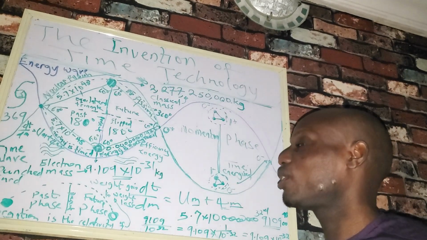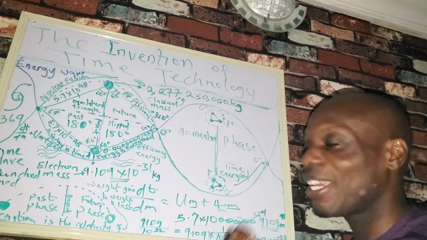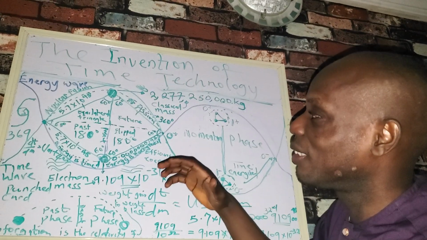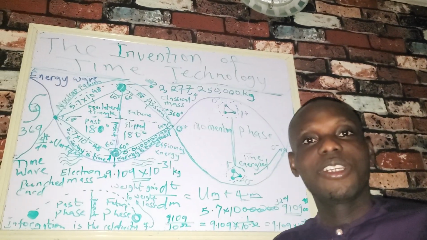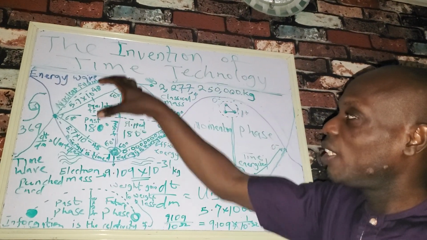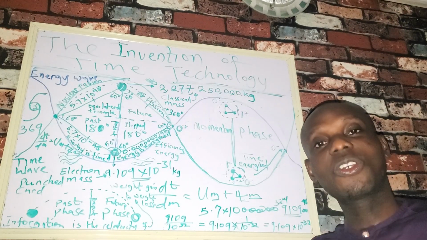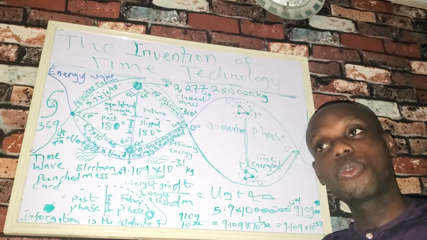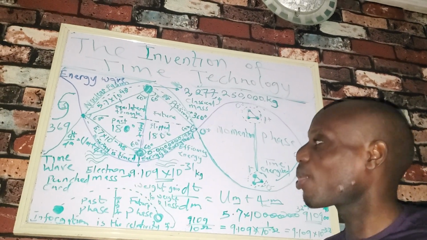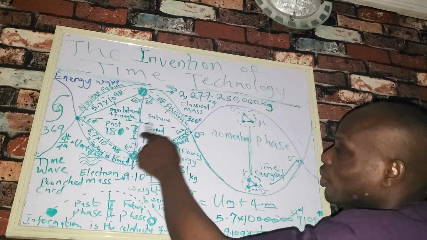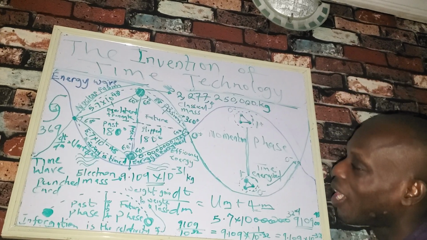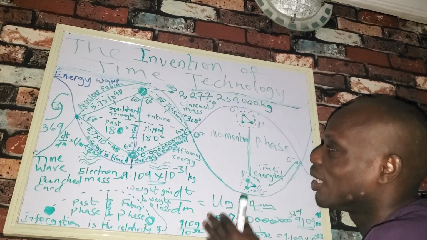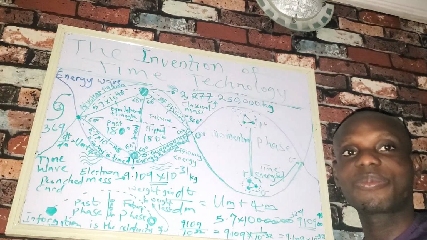Now, what is the implication of that? When energy is timed, then the events of that past phase can be formed in such a way that it will be visible to human eyes. But when we now move from the past to the future, we now have another scenario in which energy is energized.